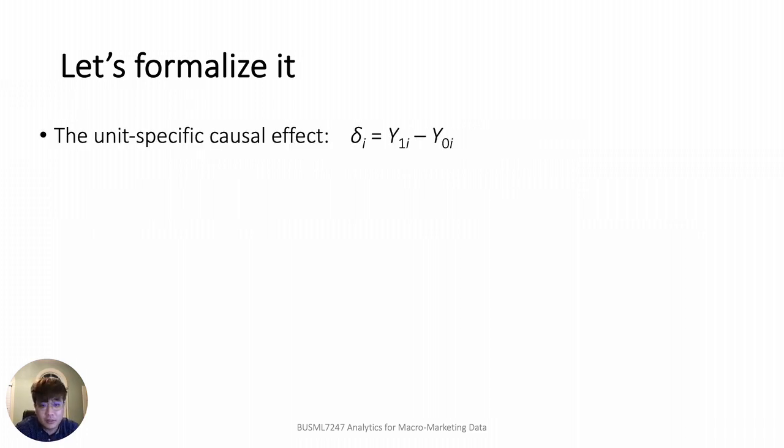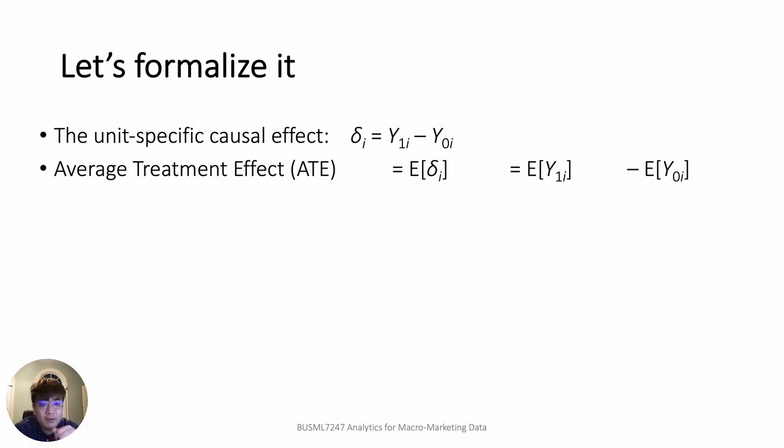Given the definition, the causal effect of the treatment on individual i is measured by the difference between the potential outcome for the treated case, Y1i, and that for the untreated case, Y0i, and let delta i denote the causal effect.